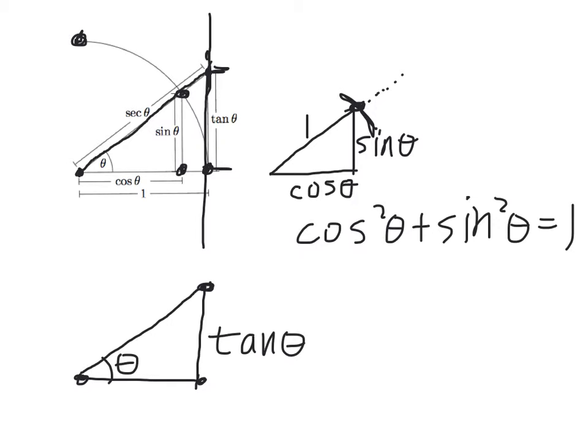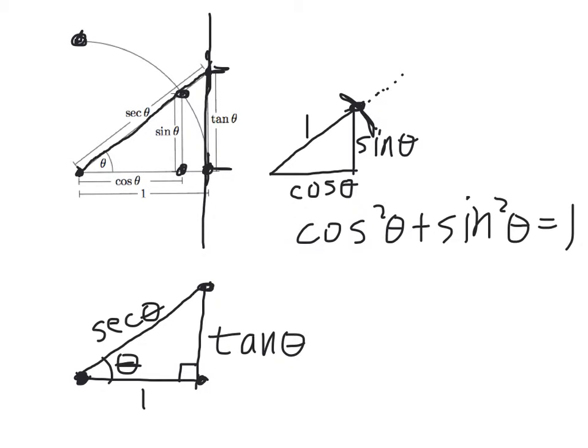What would the base of that triangle be? Okay, that's part of the unit circle. It's tangent to the unit circle, so that's going to be 1. And we find the secant of theta actually turns out to be the hypotenuse.